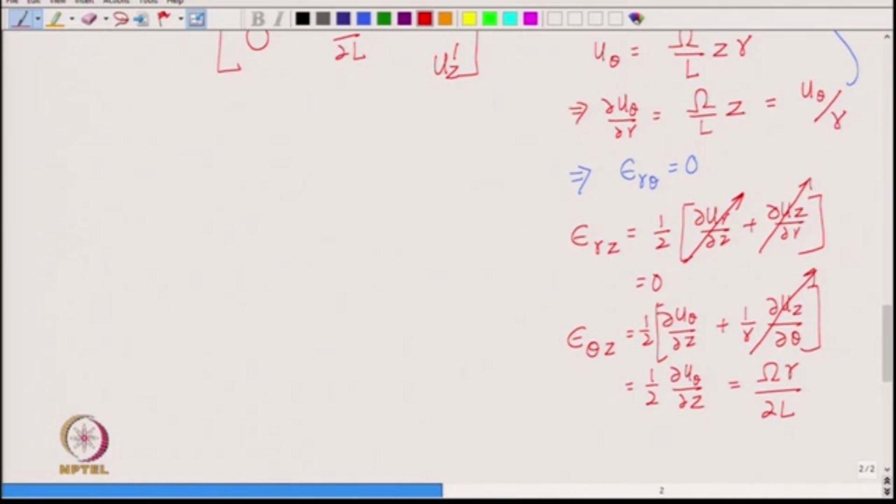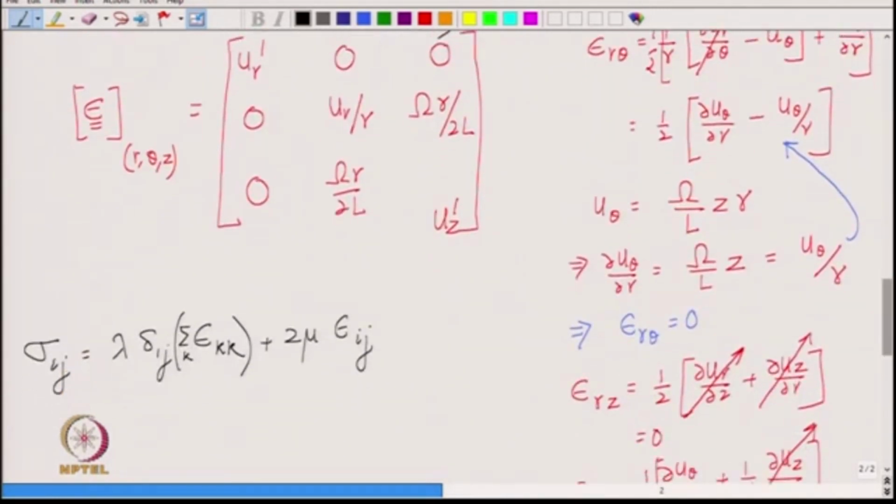That tells us that sigma i j, if you can recall, was lambda times delta i j times epsilon k k, with summation over k, so that is the trace of epsilon, plus 2 mu into epsilon i j.